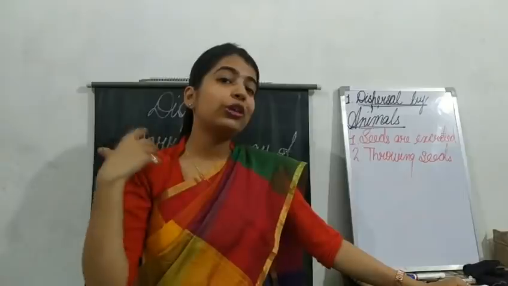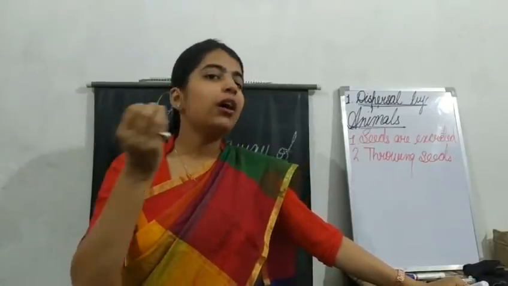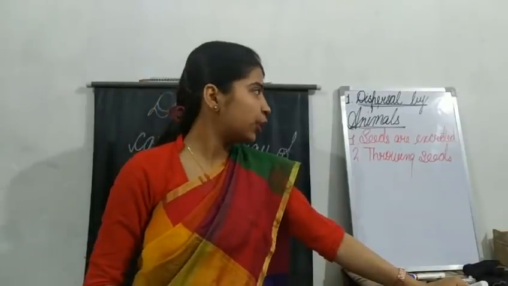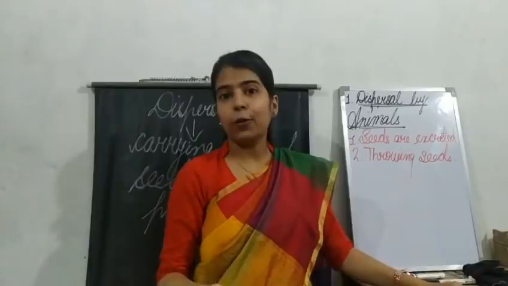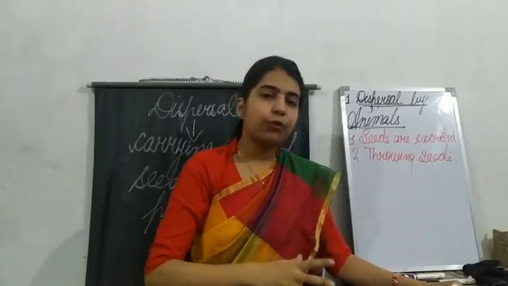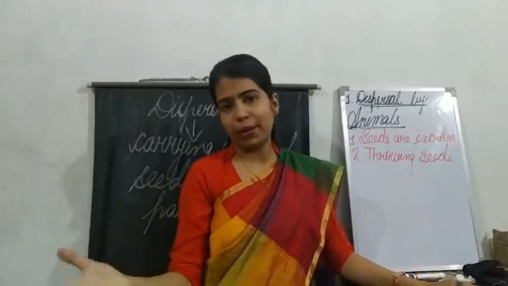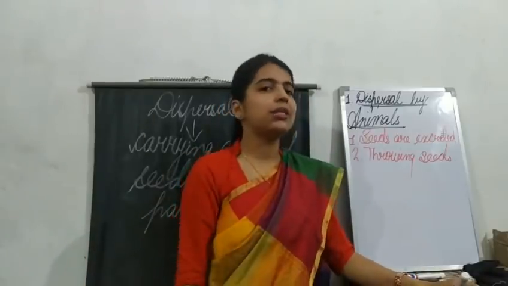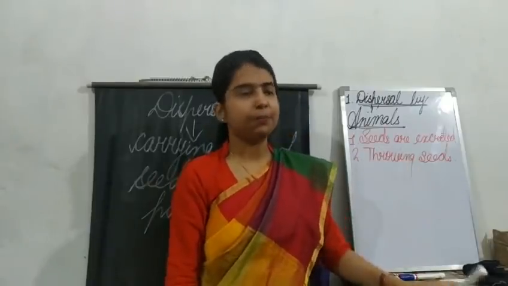You have to throw it on the soil. Once it falls on the soil, you will see a new plant coming out of it. So this way, some seeds, like those of apple and mango, are thrown away by the animals or sometimes even by humans, and a new plant will come out.